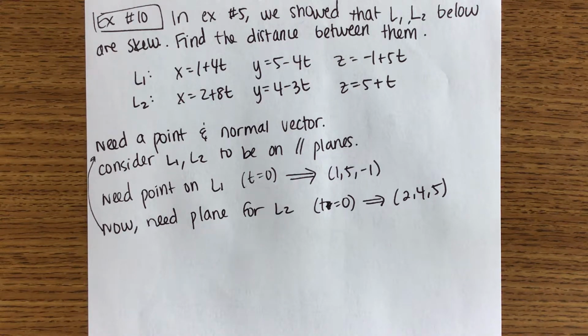How do we find a normal vector for line 2? How do we find a vector that is perpendicular to the direction vector of line 2? Because that's what we need in order to write the equation of the plane.